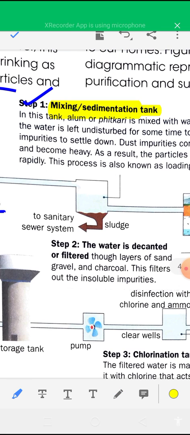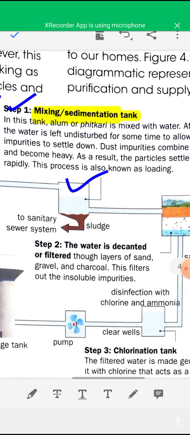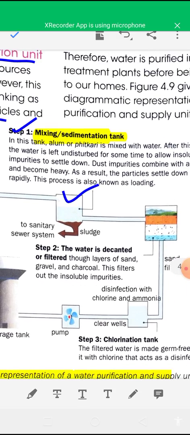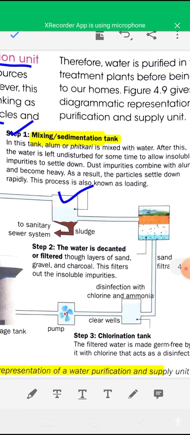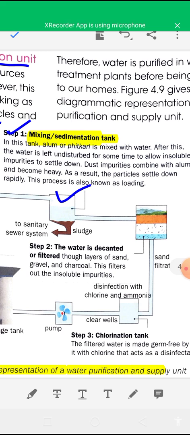This is the tank. In this tank, alum or fitkiri is mixed with water. After this, the water is left undisturbed for some time to allow insoluble impurities to settle down.